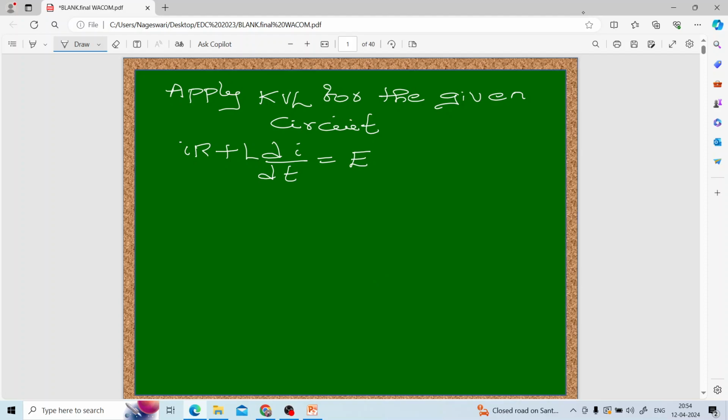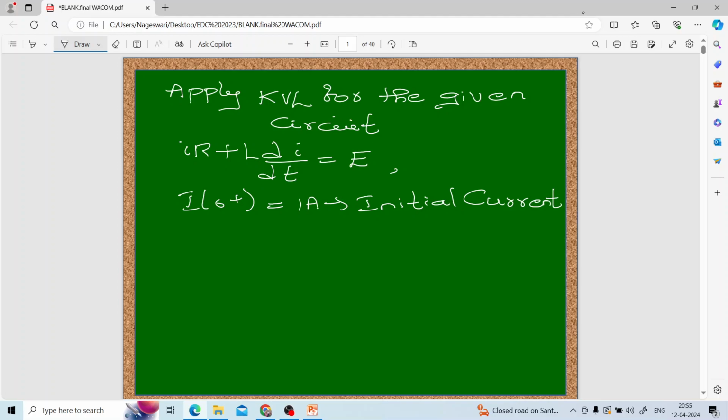And also here I of 0 plus is given. In the question, I of 0 plus is equal to 1 amp. That means the initial current is given.